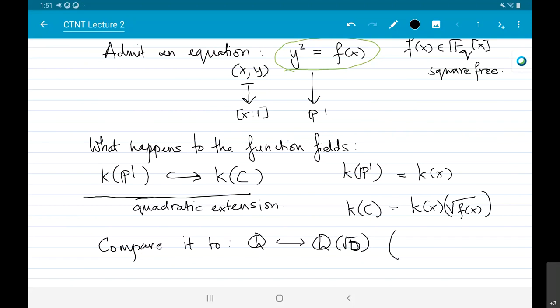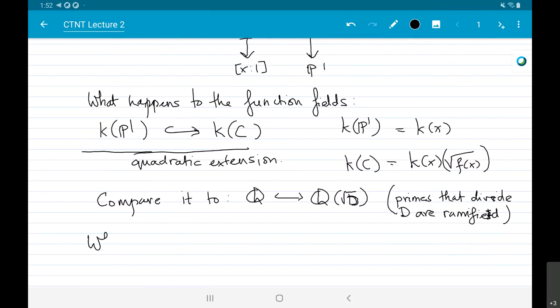One thing that you might want to understand is that over here, the primes that divide d are ramified. And maybe you want to ask what happens in the extension K(x) embedded inside K(x) adjoin square root of f(x).